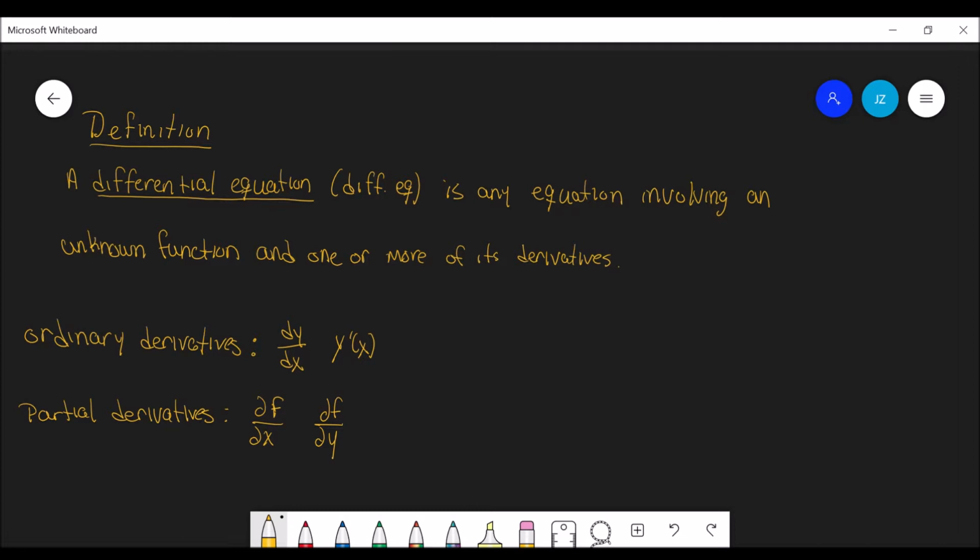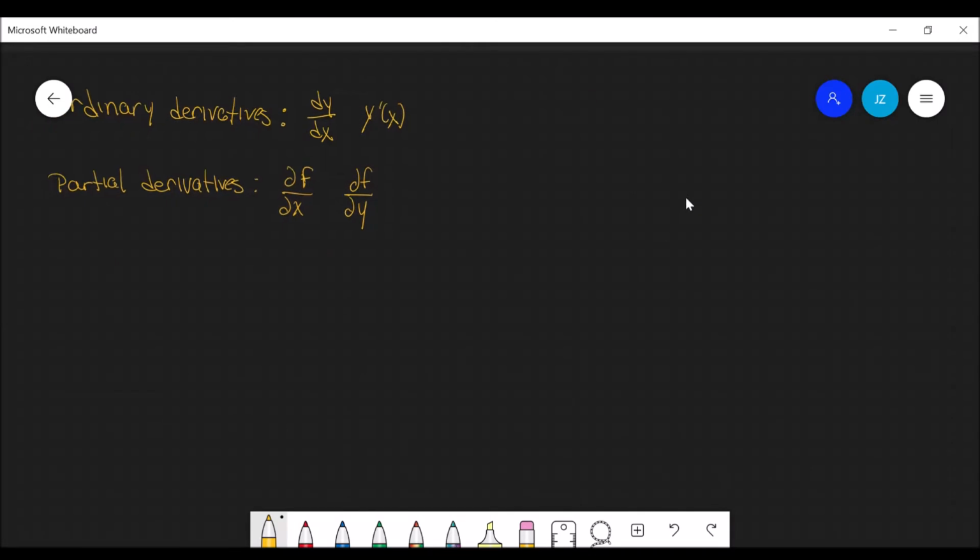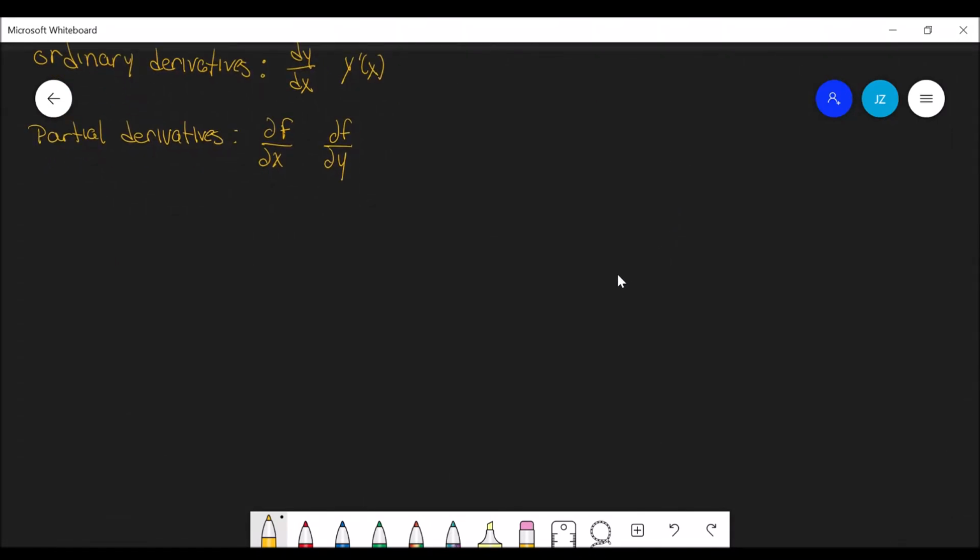This means that there are two broad categories of differential equations. We can have an equation involving only ordinary derivatives. These are called ordinary differential equations, or ODEs.